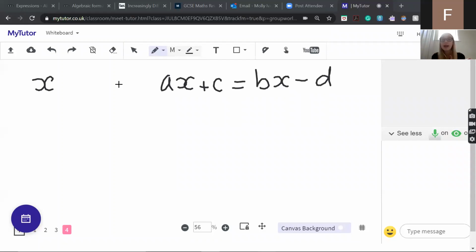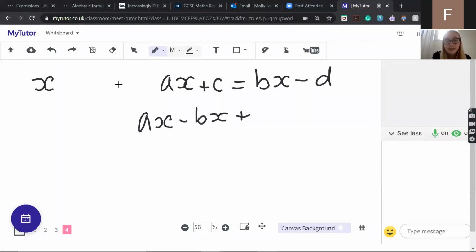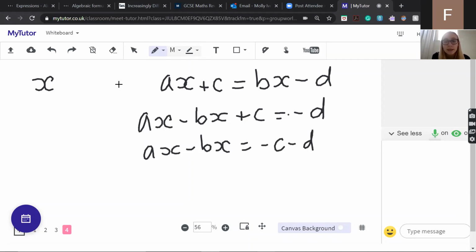We're going to move all the x's to one side and everything that's not an x to the other. So we're going to move ax and bx, basically because they're just the coefficients, to the left. So we'll have ax minus bx plus c equals minus d. And then we'll move that c to the other side as well. So ax minus bx equals minus c minus d.